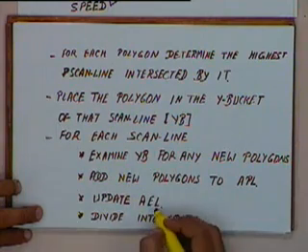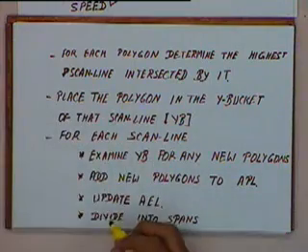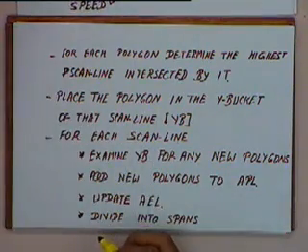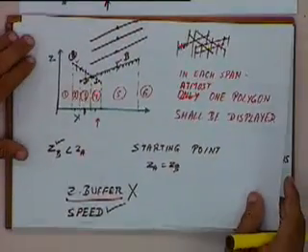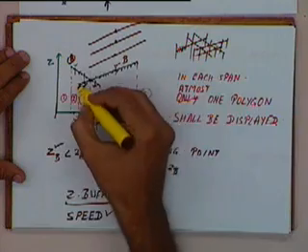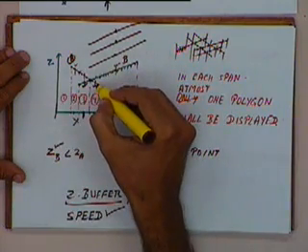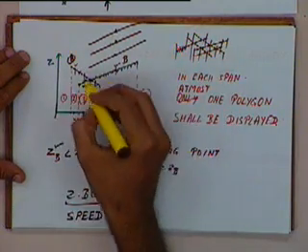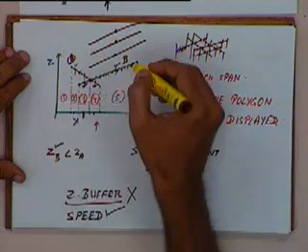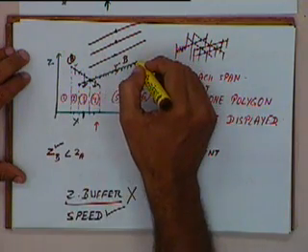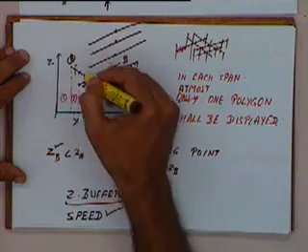Once I have updated the active edge list, I can easily find out the set of lines in my xz plane. Each of these lines can be obtained from the active edge list. This point is going to be on the active edge list, this point is also going to be on the active edge list, and similarly this point and this point.